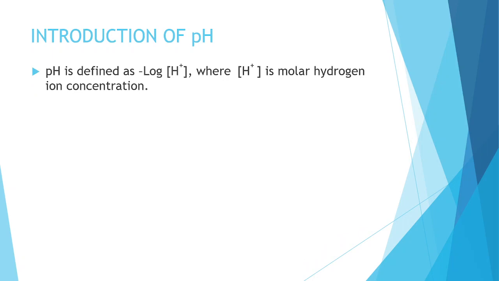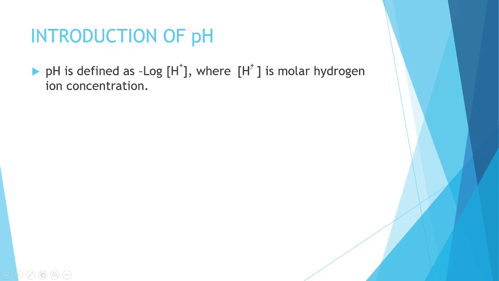What is pH? It is defined as negative log of hydrogen ion concentration, where H is the molar hydrogen ion concentration. H is denoted by this notation.